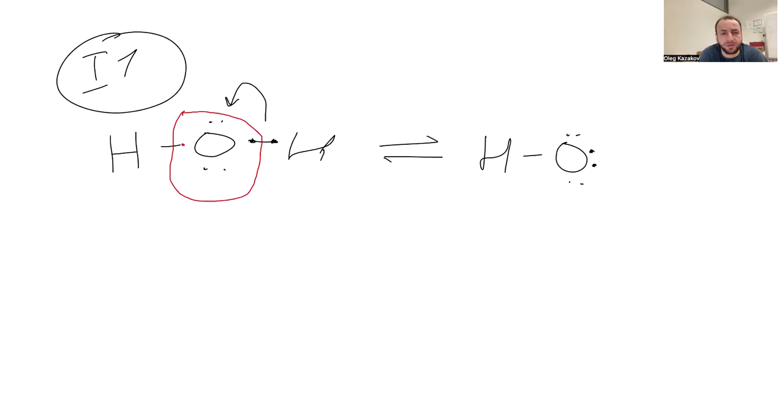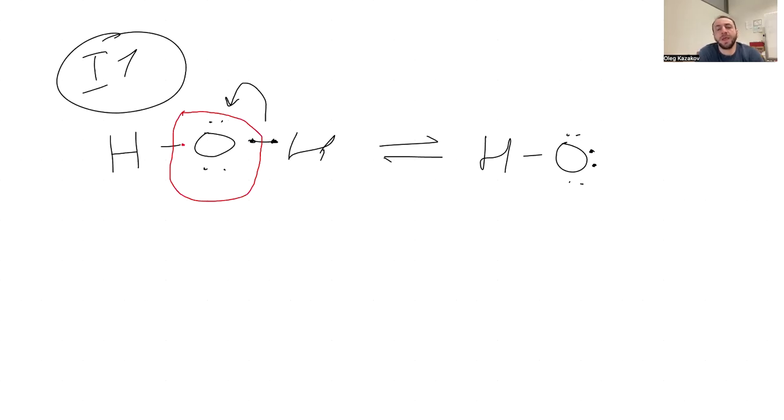With the surrounding octet of electrons. By itself, the oxygen atom represented as such will be just an oxygen atom, even if it's bound to other ones. So that's okay, but ultimately it will have no charge if we are concerned with the charge on the oxygen.